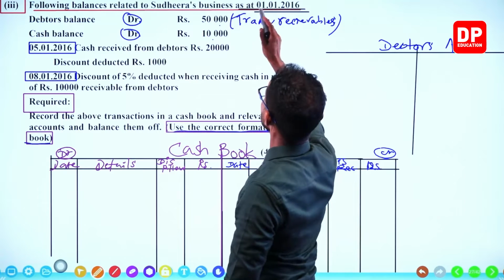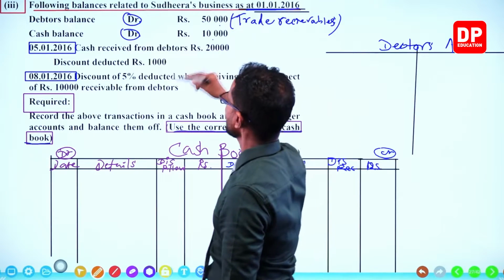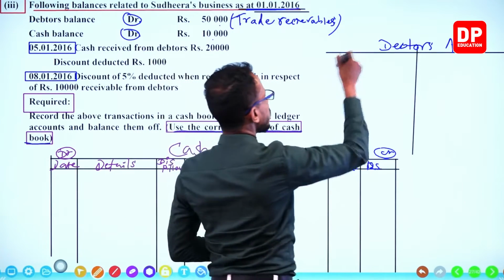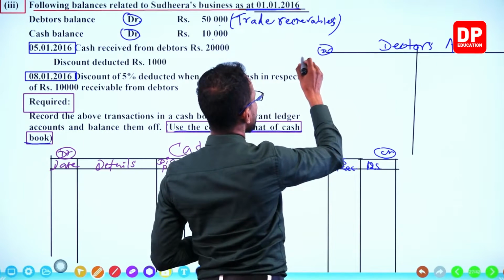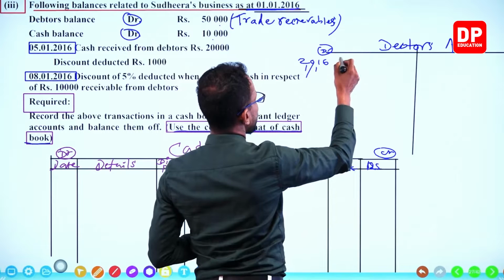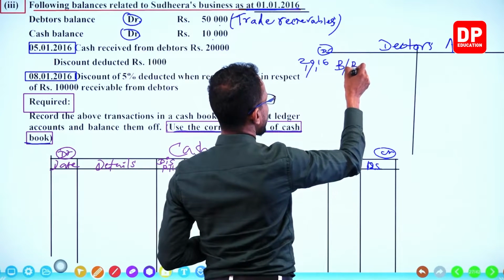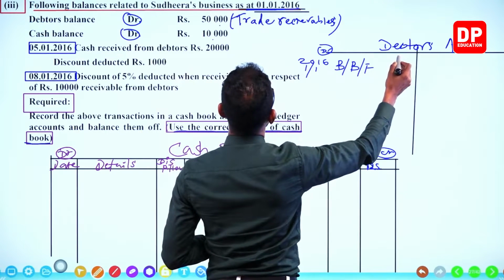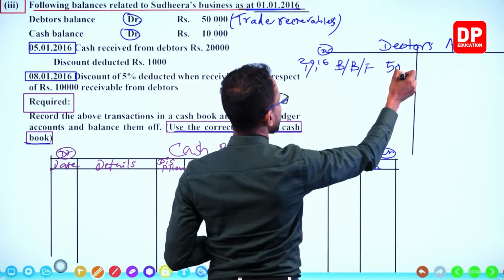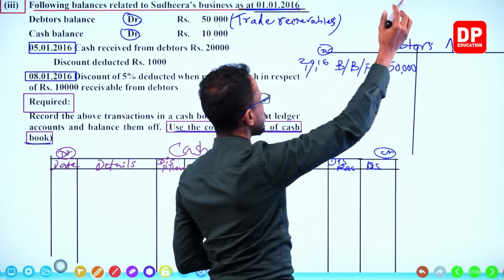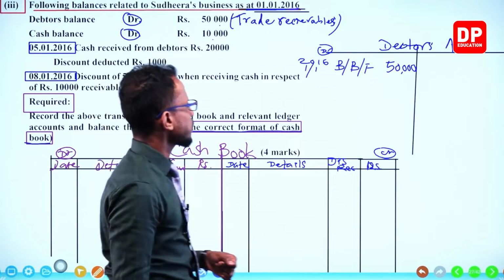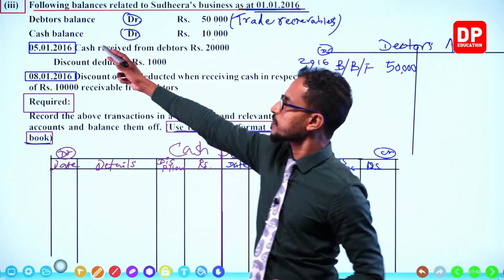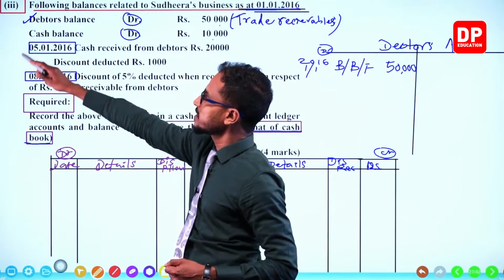Debtors balance debit 50,000, that is on 1st of January. So in the debtors account, debit side, put the date 1st January 2016, balance brought forward 50,000. There you go. That is the debtors balance. This is recorded. Tick it.